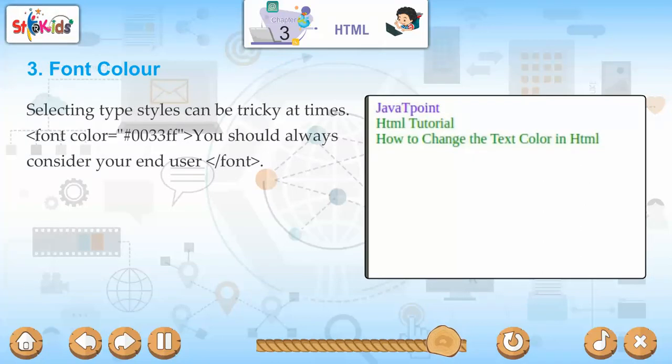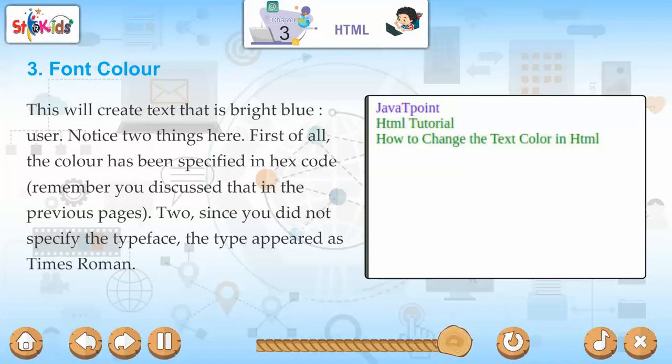Selecting type styles can be tricky at times. Opening tag font color is equal to double quote hashtag 0033FF double quote closing tag. You should always consider your end user opening tag / font closing tag. This will create text that is bright blue.